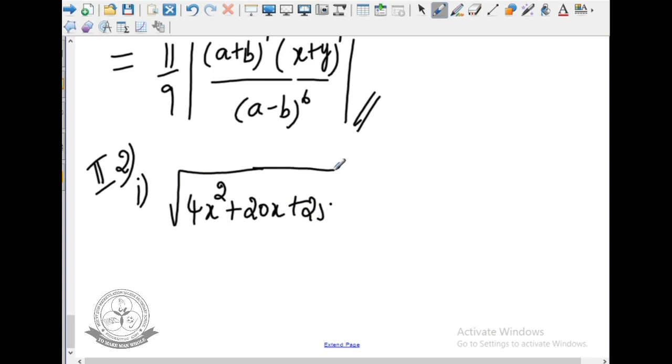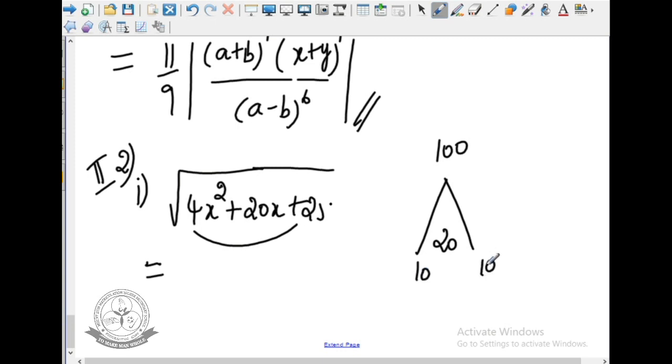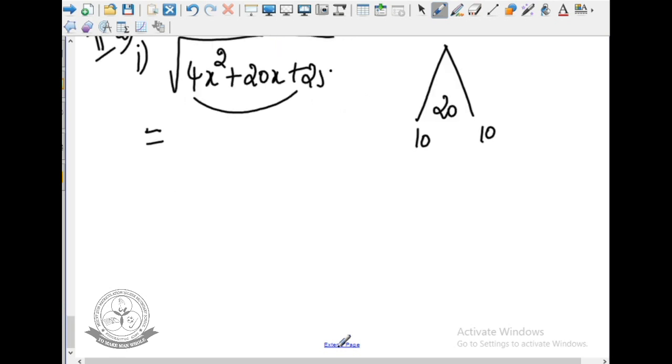This one I told you in the last class itself, how can we write it, ma? The expression can be factorized, right? So the multiplication term is 25 into 4, that is 100, and the addition term is 20. Ten tens are 100, so we can take the numbers 10 and 10. If we add these two, we get 20, and if we multiply, we get 100. The coefficient of x squared here is 4, so we write 4x plus 10, here 4x plus 10.